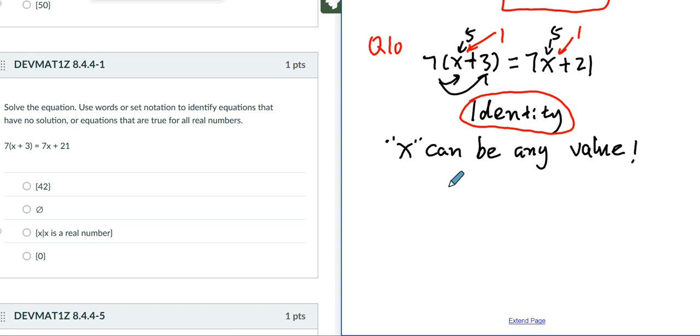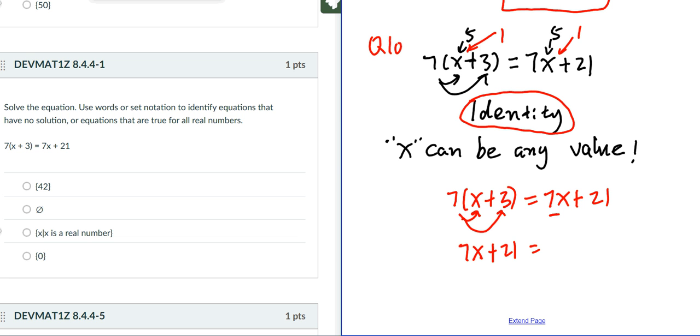So that's one way to do it. Another way is the way we did before. Left-hand side was this, right-hand side was this. So if you didn't realize that was distributive property, then you do 3 times 7, that's 21.